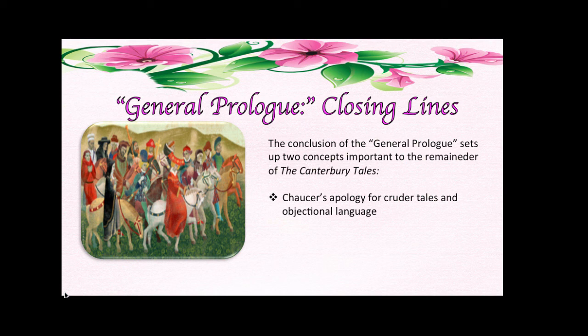Okay? And by stating that he is relating each tale simply as an attempt to honestly and objectively report what the pilgrims say, he pretty much absolves himself of any guilt for relating tales that some people might find objectionable or unsavory.